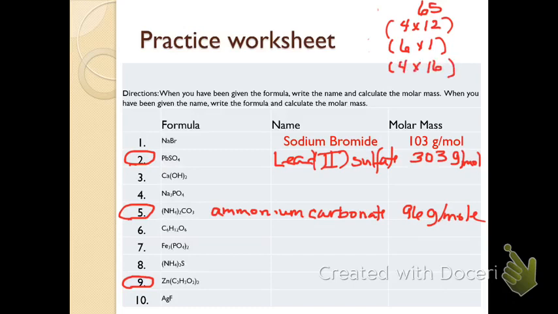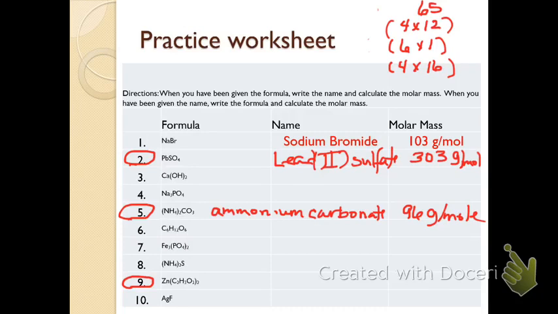Okay, clear your calculator. Let's do the 65 first. 65 plus open parentheses 4 times 12 close parentheses, plus open parentheses 6 times 1 close parentheses, plus open parentheses 4 times 16 close parentheses.